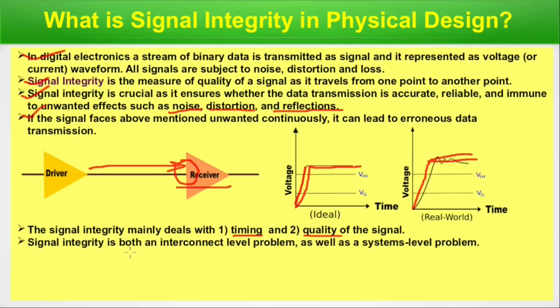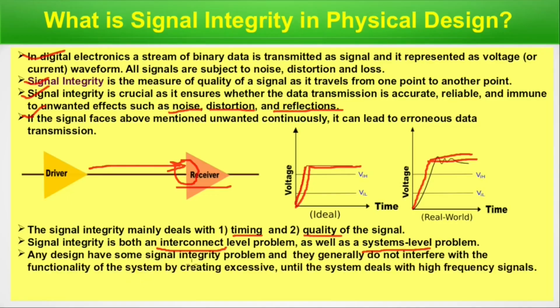Signal integrity is both an interconnect level problem as well as a system level problem. It is an interconnect level problem because many issues come from the interconnect level, like crosstalk and ohmic voltage drop. At the same time, it's a system level problem also.